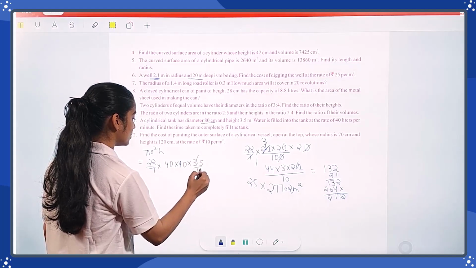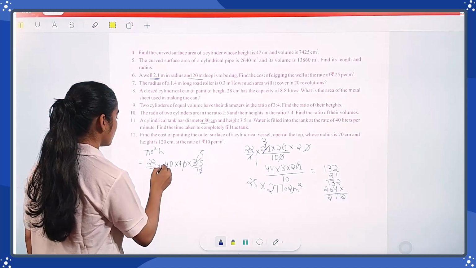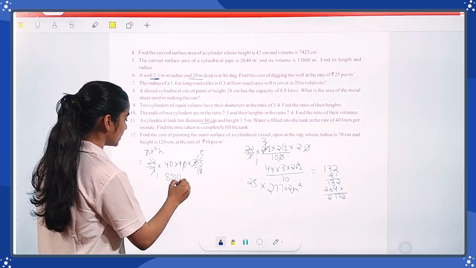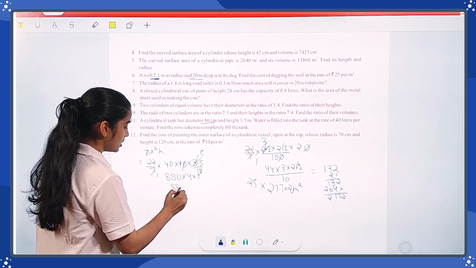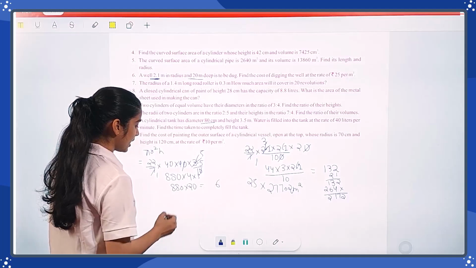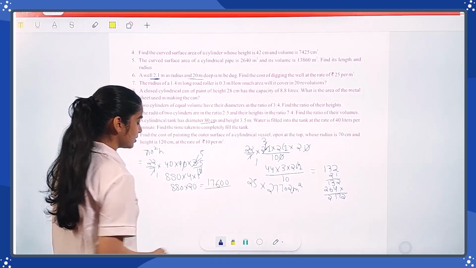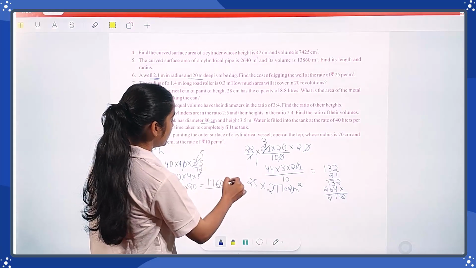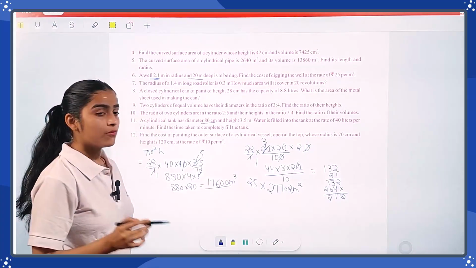We cut the decimal, cancel out with 0, here we have 1, here we have 5. 22 multiplied by 4 is 88, 0, multiplied by 4, multiplied by 5, 5 4s are 20, so 880 multiplied by 20, 2 8s are 16 and 2 8s are 16, 17600. This is your answer. Now this is your volume in meter cube.